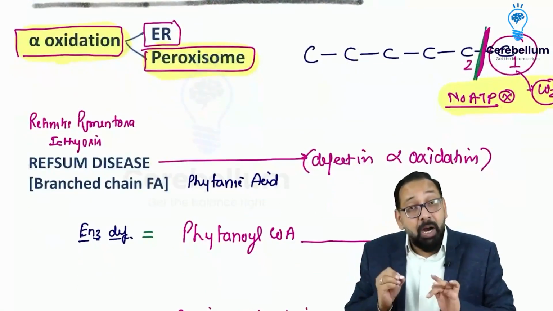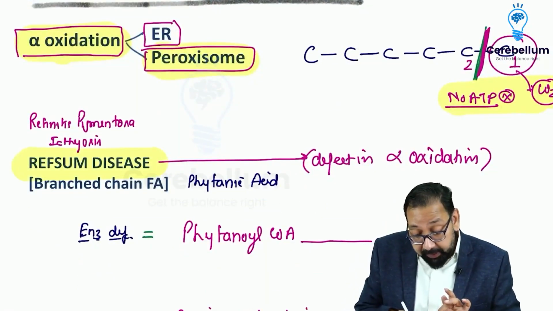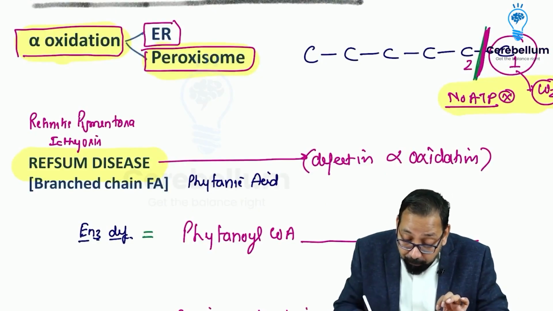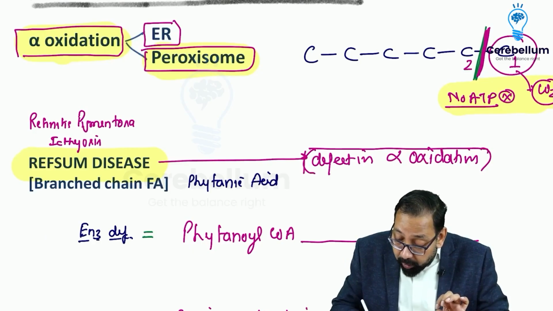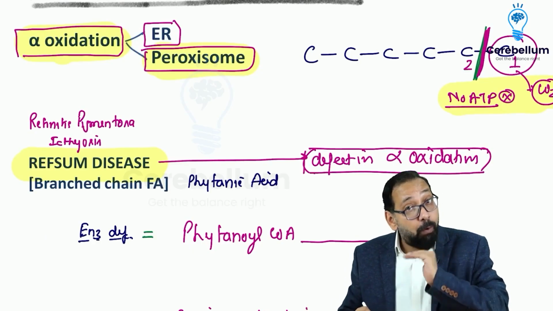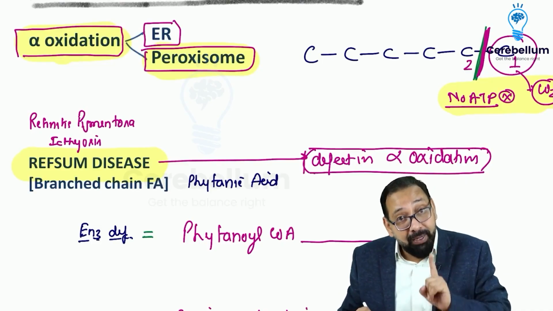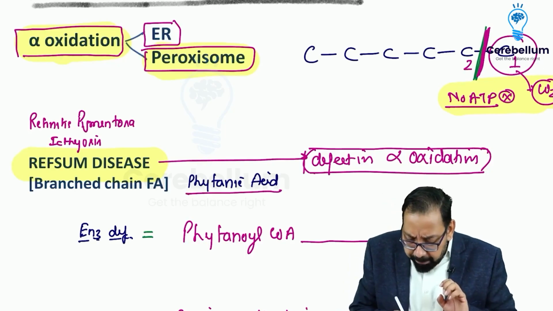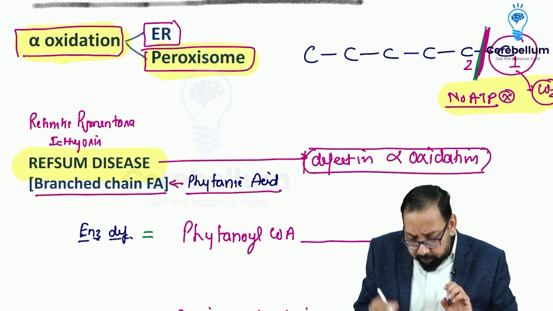Now a question is asked on Refsum disease. In Refsum disease, there is a defect in alpha oxidation. Which fatty acid undergoes alpha oxidation? Branched chain fatty acid, phytanic acid. Phytanic acid is a branched chain fatty acid, first question.